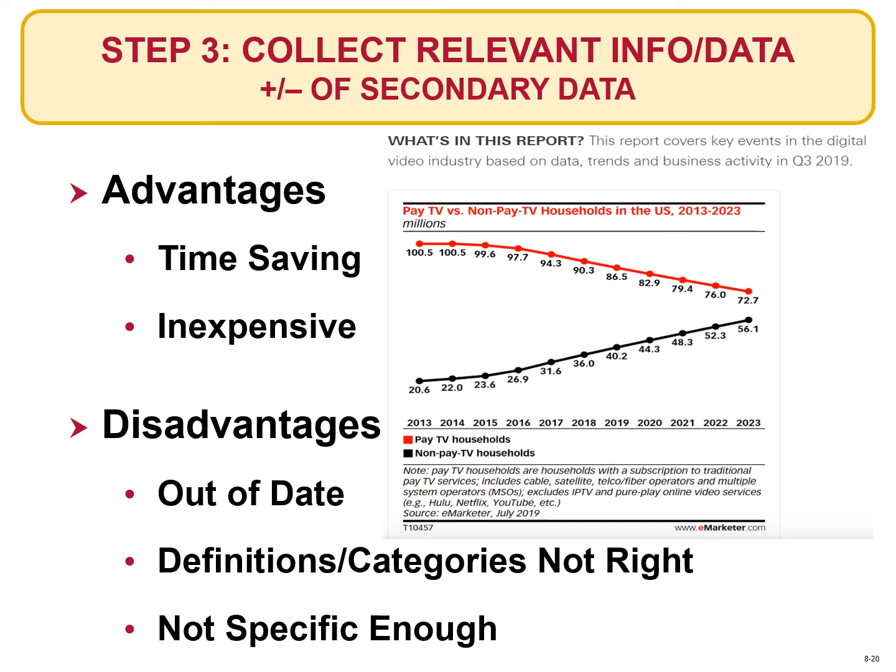You just need an internet connection, you go online, and then you can just download this report. For example, the one that I have just taken from emarketer.com, which I use a lot, and this is the report that I have just collected from the research that they had conducted. So this counts as secondary data for me.